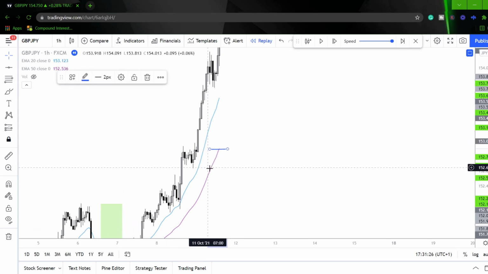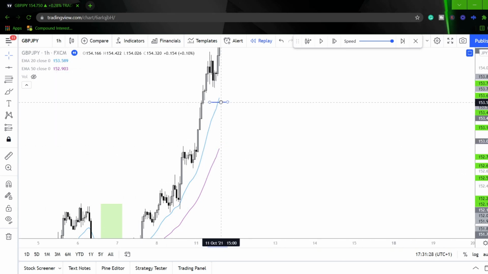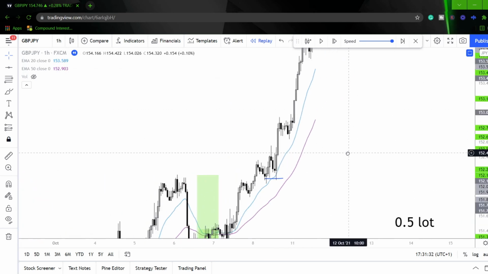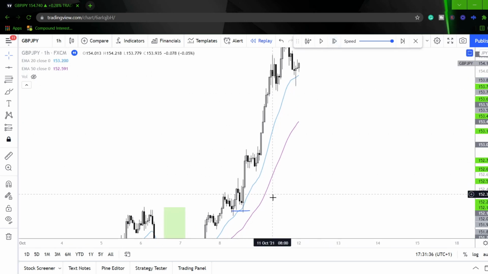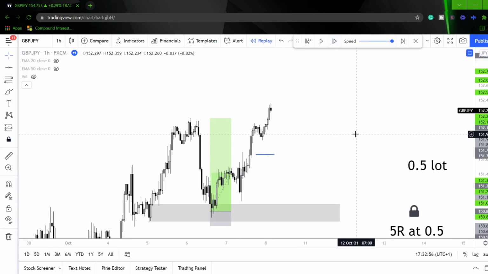So this is a 50 and that's a 20. Obviously the 20 is going to be closer and more aggressive, and you probably would have got stopped out here. But like I say, there are pros and cons to each, as with anything in trading. There are so many ways to execute your plan. You can choose whatever you want. The most important thing is you pick something, you test it, and then you stay consistent with what you're doing.